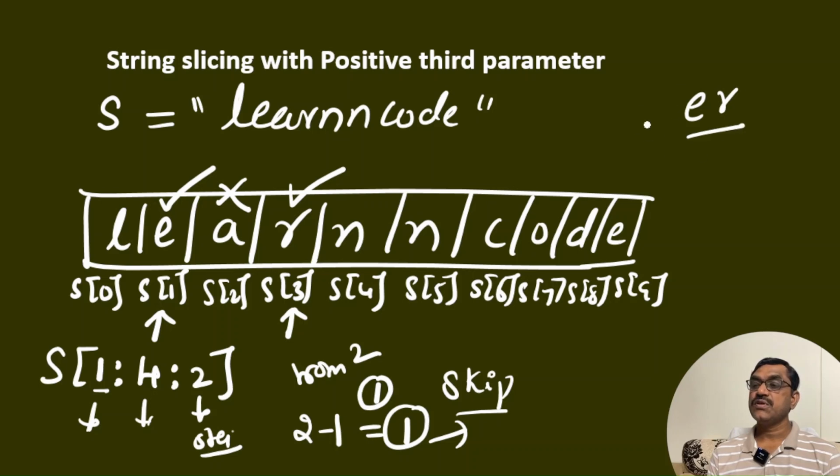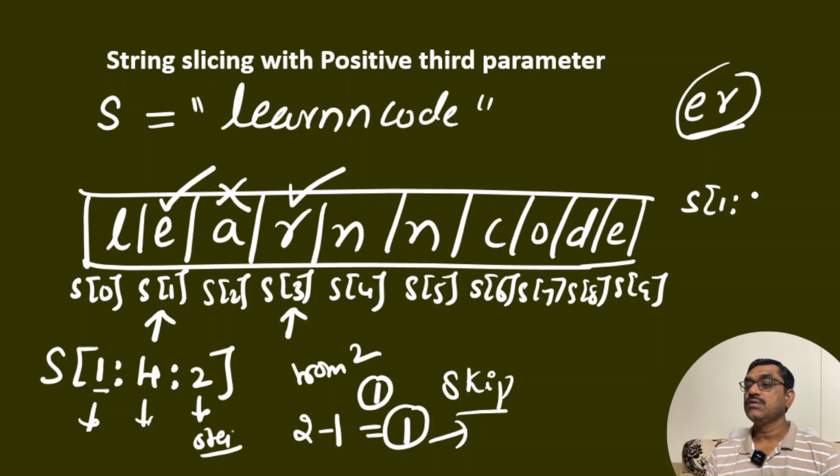This is the substring we are going to obtain when you use the positive third parameter like this, 1 colon 4 colon 2. For example, if I mention S of 1 colon 4 colon 1, here I am writing like this.